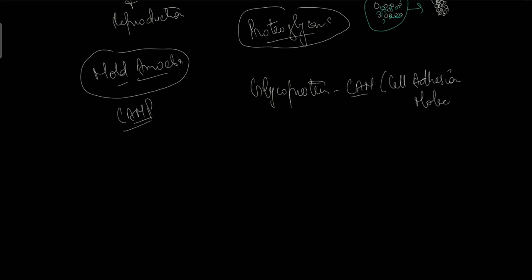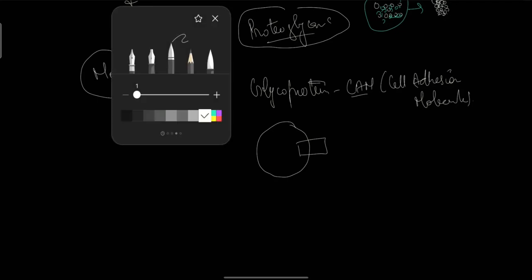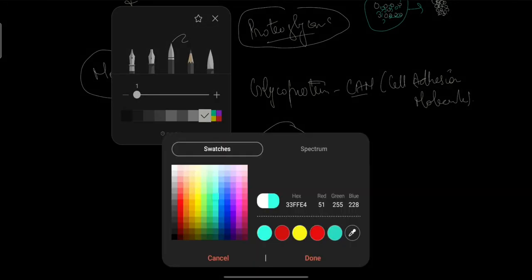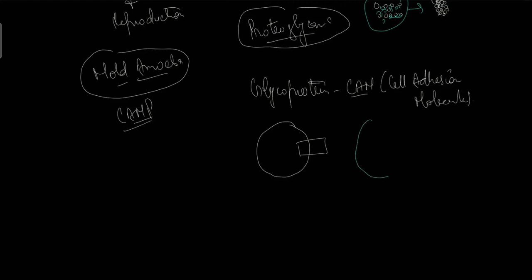Cell adhesion molecule. For example, if there is a cell with a cell adhesion molecule, CAM, and there is another cell of the same species, it will also have a cell adhesion molecule, and it will bind with the other cell through this cell adhesion molecule.